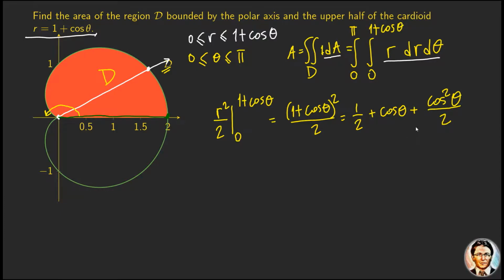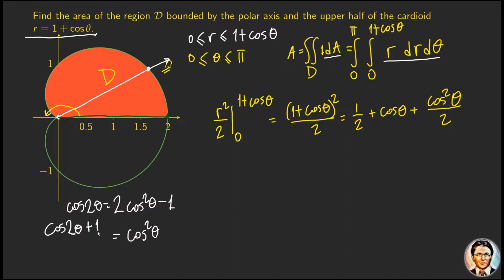Remember, to integrate even powers of sine or cosine, we use power reduction formulas. So we just say cosine 2 theta is 2 cosine squared theta minus 1. So we will replace cosine squared theta with cosine 2 theta plus 1 over 2.